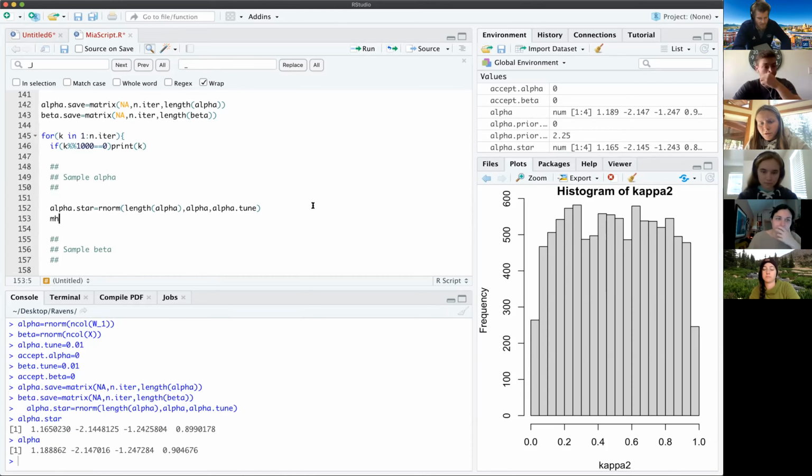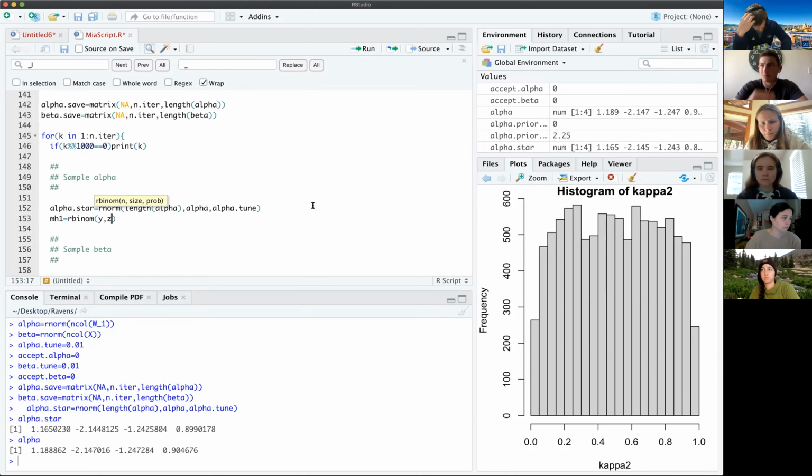Yeah, so MH1 equals, we need to do the likelihood of the data given Zi and alpha. So we have likelihood of the data, our binomial. We're missing a couple things, but we can figure those out as we go through. All right, so likelihood of our data, y, given z.